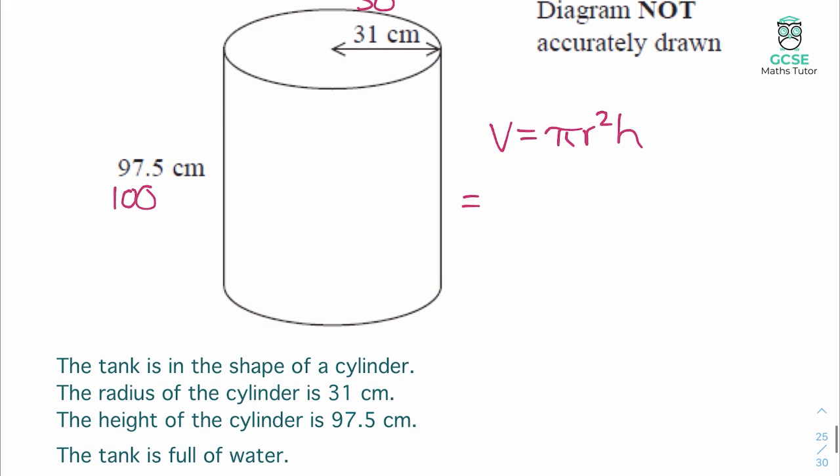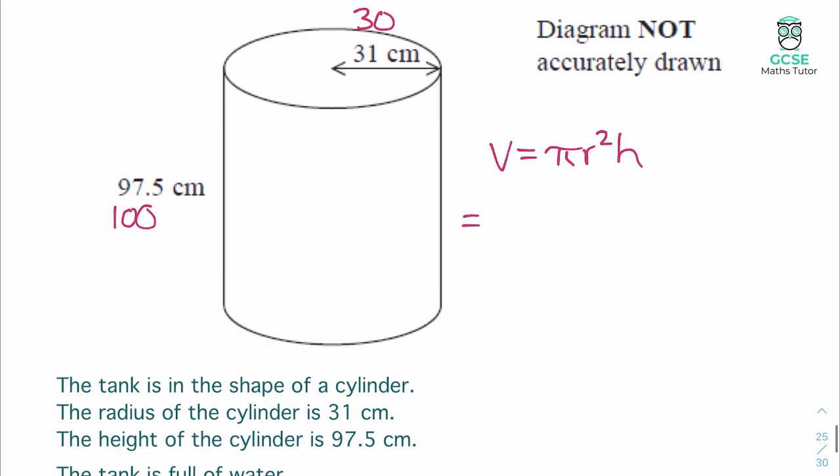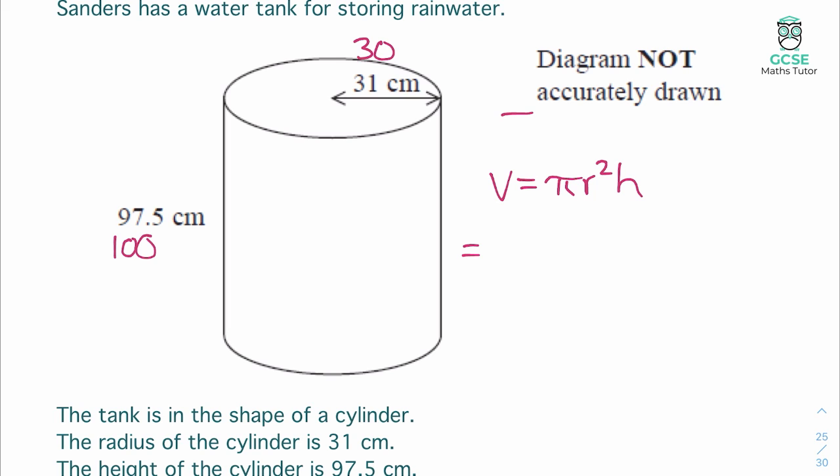Now, as we have pi involved, we're going to use pi as the number 3. So our pi is obviously 3.14, but we're going to round that to one significant figure and use the value 3. So that's going to equal 3 times 30 squared times the height, which is 100.